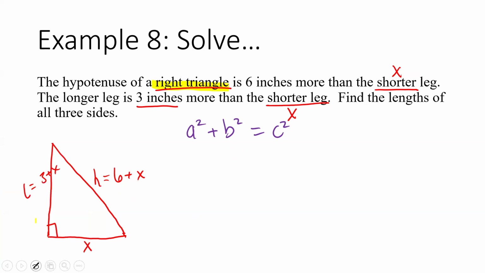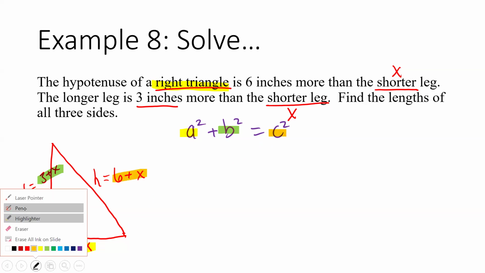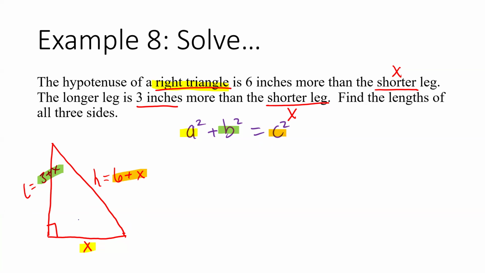So for our A, we'll let it be our X. For our B, that's going to be our 3 plus X. And then for our C, that's going to be our hypotenuse, 6 plus X. And we're going to plug said values into the equation.